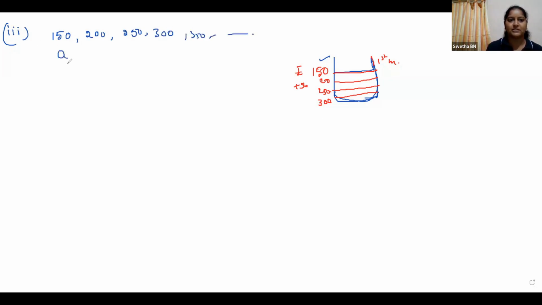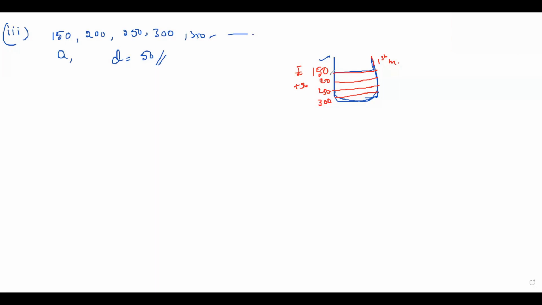So the first number is 150, d is equal to 50 here, right? So the common difference is the same. So we can say it is forming an arithmetic progression. Got it? Yes, ma'am.